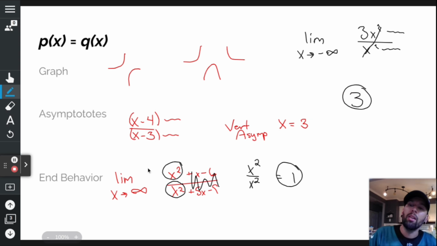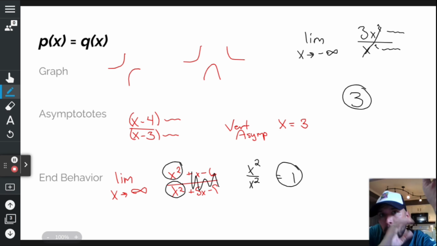So to find the limit, whether it's positive or negative, is found by doing the leading term divided by the leading term. When the degrees are the same, they cancel each other out, and whatever number is left over is your answer.